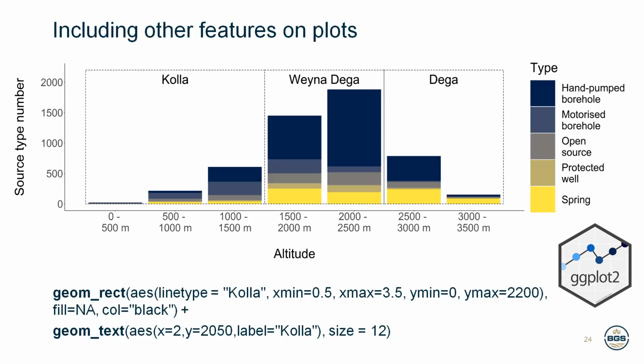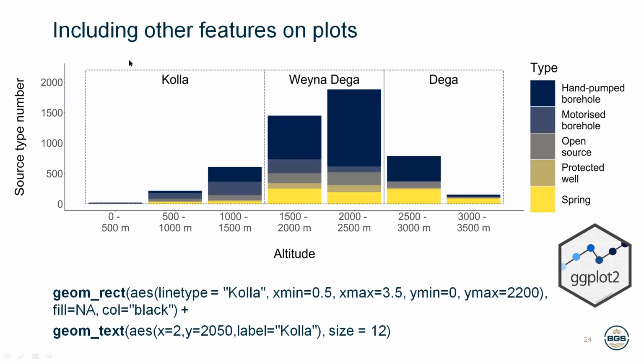So in this example, which is the one I sent in the blurb that you might have seen, we've got rectangles that show the separate areas by their altitude. So we have the Kola up to 1,000 meters, we have the Weyna Dega up to 2,500 meters, and Dega beyond that.